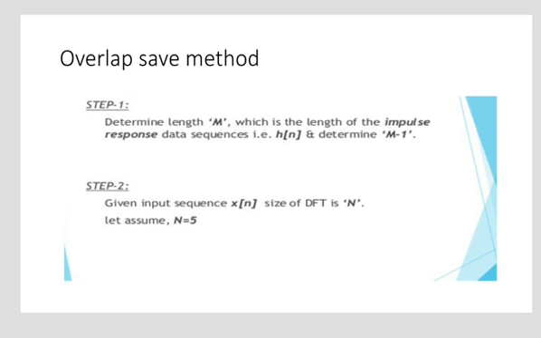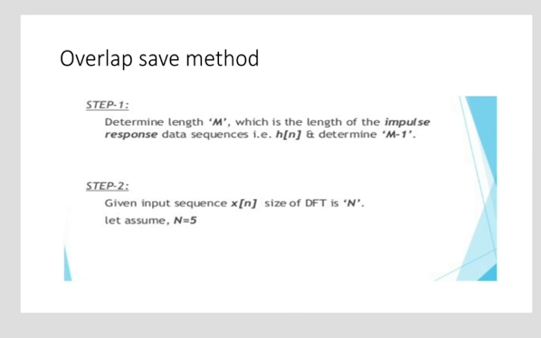In this method, the size of input data blocks is capital N, which is equal to L plus M minus 1, and the DFTs and the IDFTs are of length L. Each data block consists of the last M minus 1 data points of the previous block followed by L new data points to form a data sequence of length L plus M minus 1.